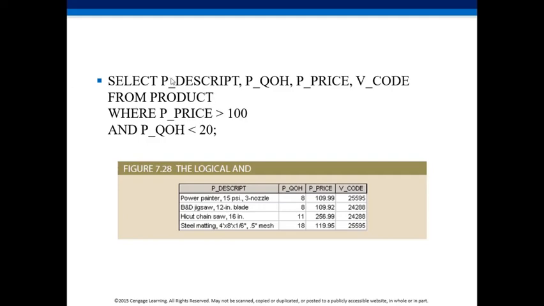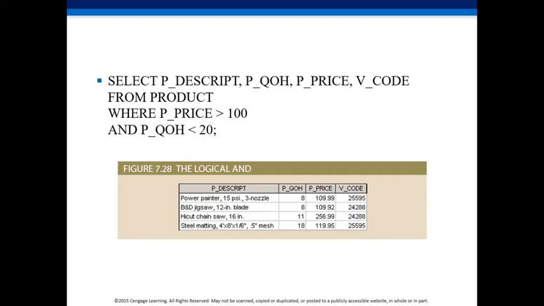In this case, we get the products where the price is greater than 100 and the quantity is less than 20. If the price is greater than 100 but the quantity is 25, it will not be included. So both conditions must be met.